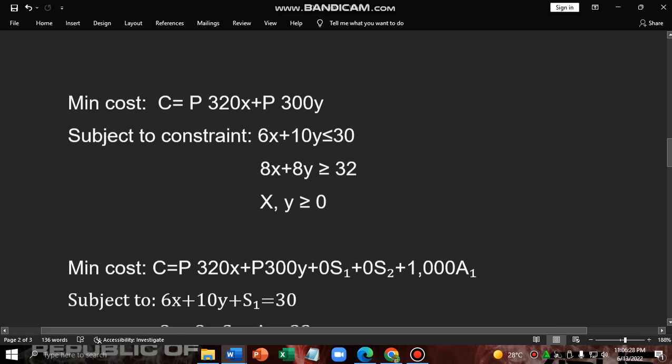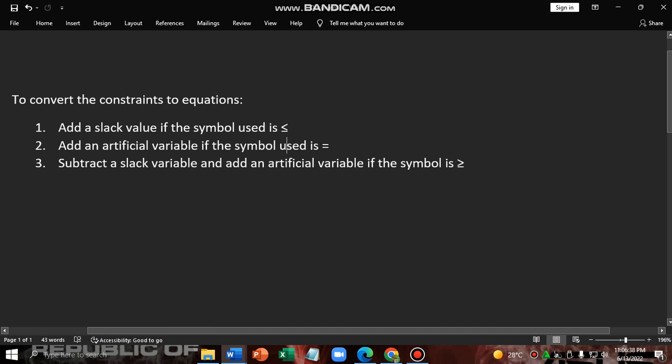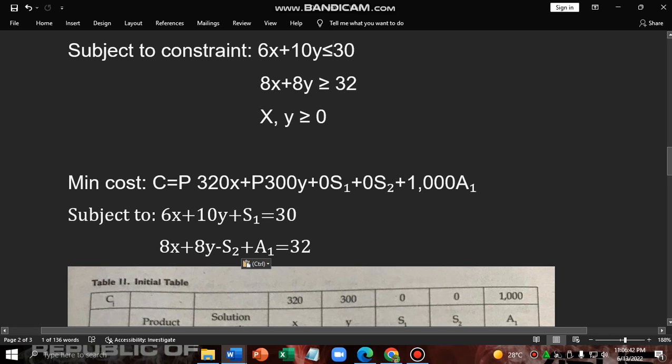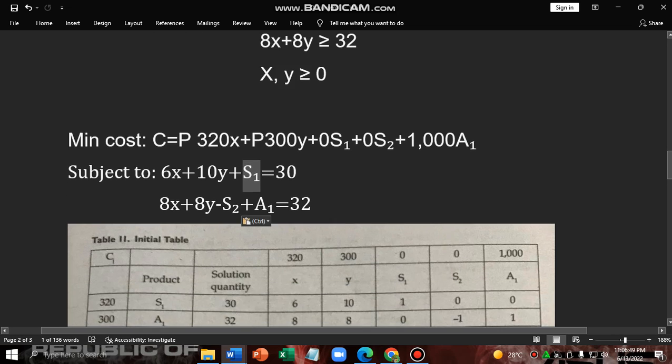In the earlier constraint, we used less than or equal to, so we add a slack variable. So 6X plus 10Y plus S sub 1, this is the slack variable, equals 30.